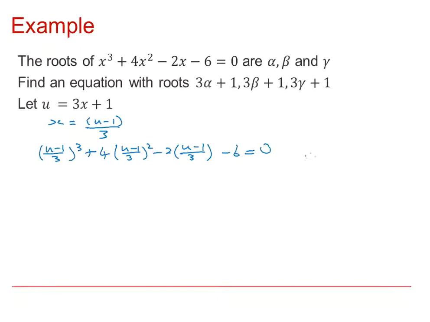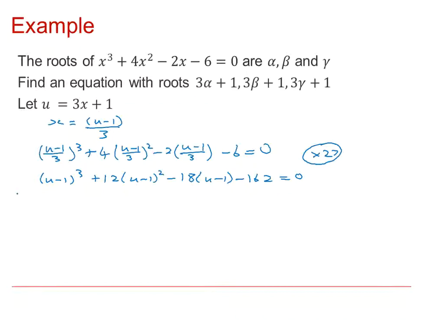I'm going to multiply all the way through by 27 now, just to make the coefficients much neater. So that'll give me just 1 u minus 1 cubed, and after simplifying it'll be 12 u minus 1 squared minus 18 lots of u minus 1 minus 162 equals 0. So we need to expand all this to get our polynomial in u.